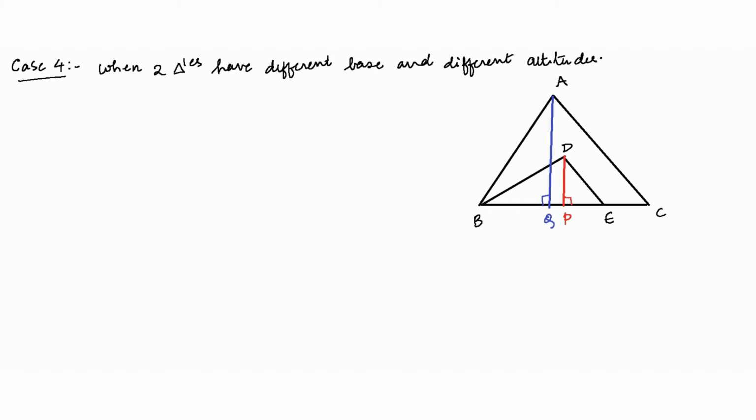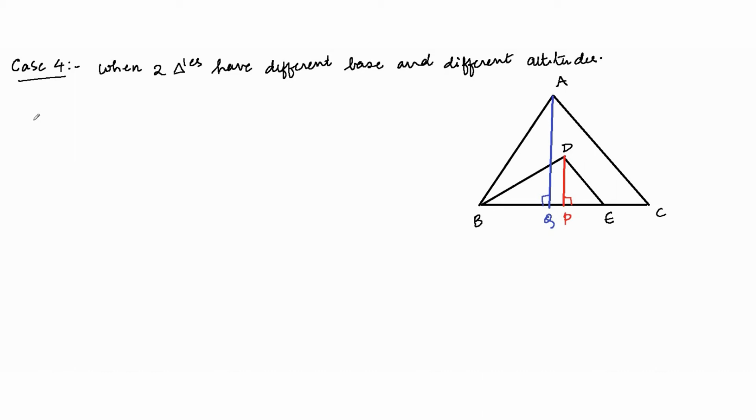You will notice that both the triangles have different bases. For example, if you take triangle BED, BE is the base and DP is the altitude. Whereas if you take the whole triangle, then BC is the base and AQ is the altitude.